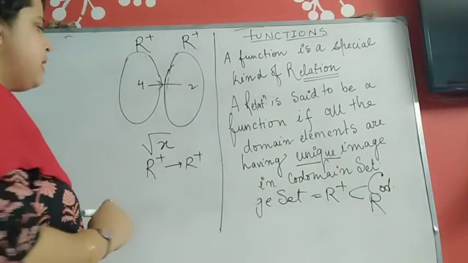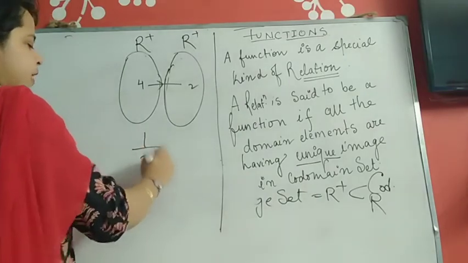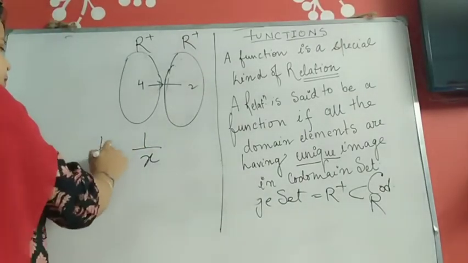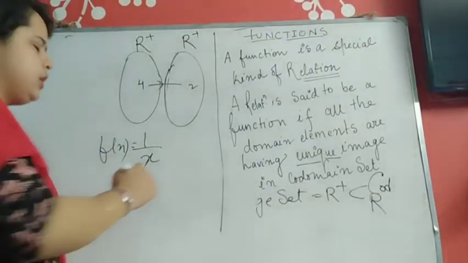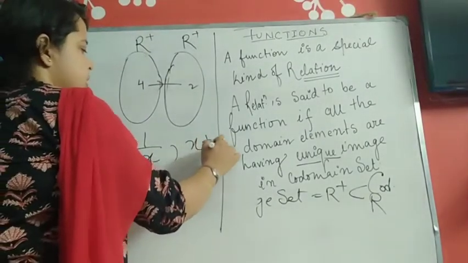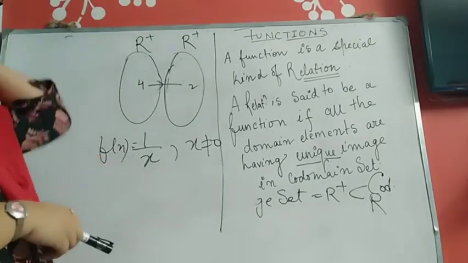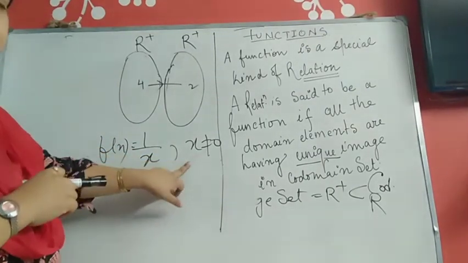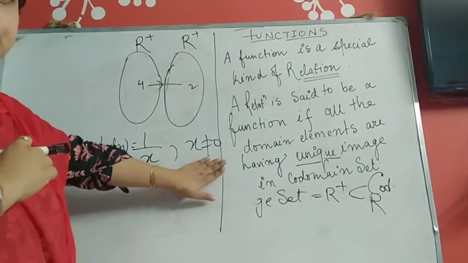Similarly, you will notice that a reciprocal relation, understood? A reciprocal relation is discontinuous only at one point. And what is that point? That is 0. You may notice that in the reciprocal relation, always a comma is there and the expression x not equal to 0 is written.